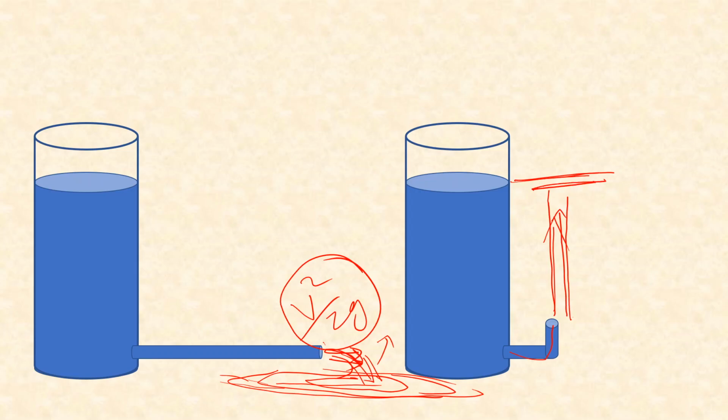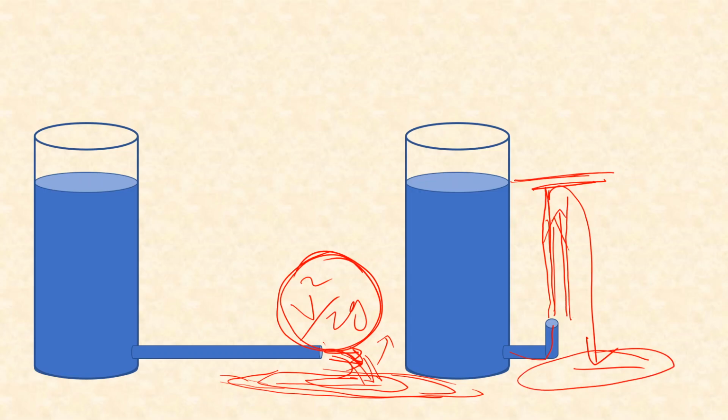So when it rises up to this level, you are still gaining back that head, which is this v square by 2g, but what will happen is it will again fall back, and by the same process of forming bubbles, waves, and friction and evaporation, that head will be lost.